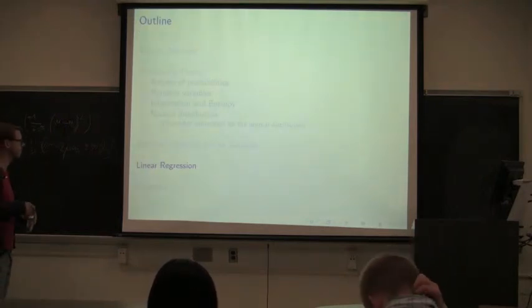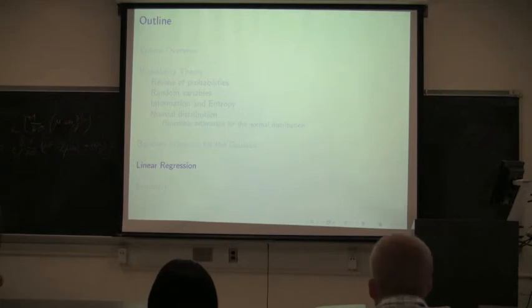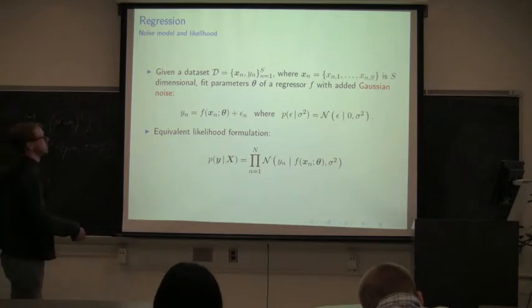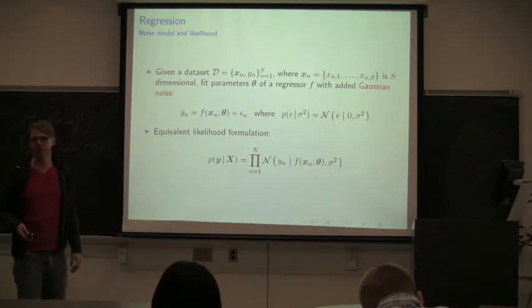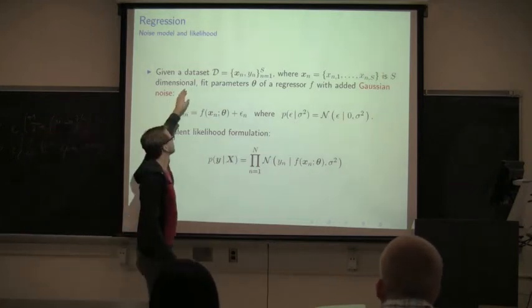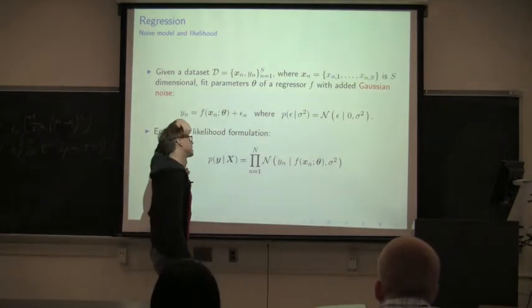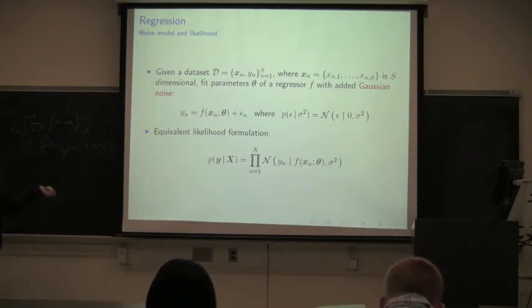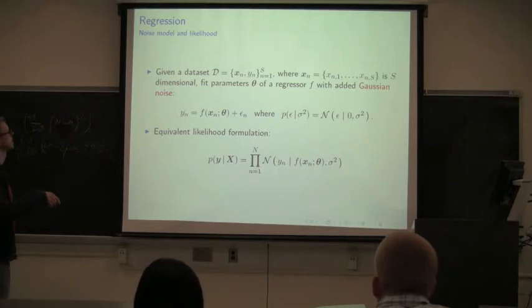Okay, let's get to linear regression. Say we're given a data set. The last data sets that we saw were just values of x. But now data sets are pairs of x's and y's. And, well, the x's have some certain dimensionality s, which means that each of the x's is a vector of length s.